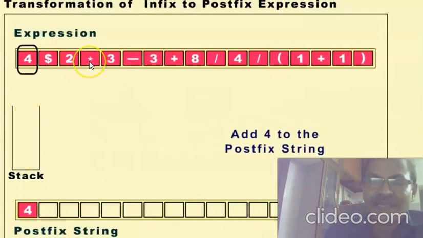But if it is less than or equal to the operator already pushed on the stack, that is the top of the stack, then we have to pop that top element and place it into the postfix array. Then we push in this operator.